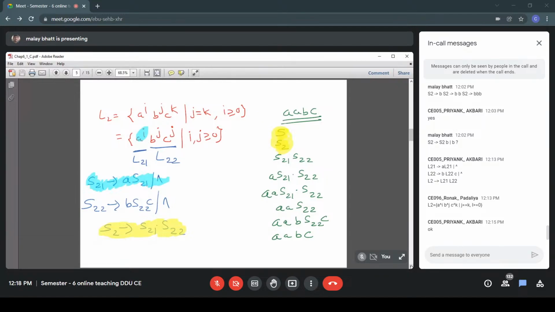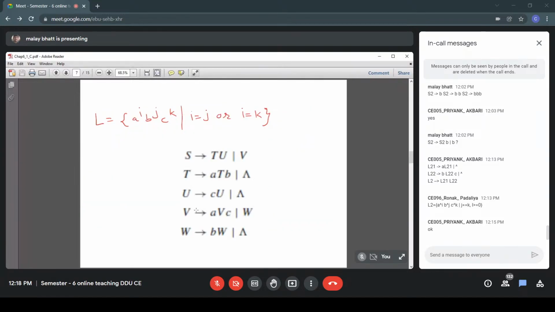Okay, so let us consider this i equal to j or i equal to k. So can anyone explain what is the role of different symbols here? Yeah, we can use any non-terminals, as I said. So can you tell me what this S gives V indicates in this?